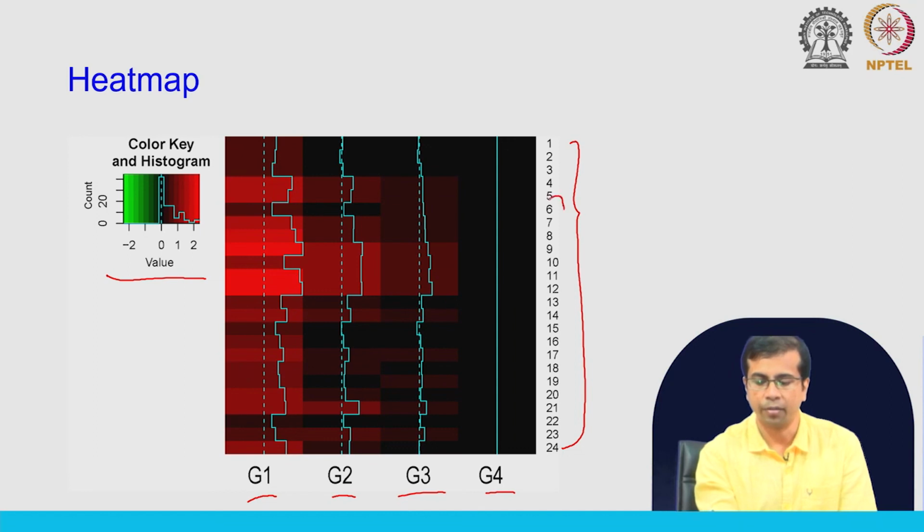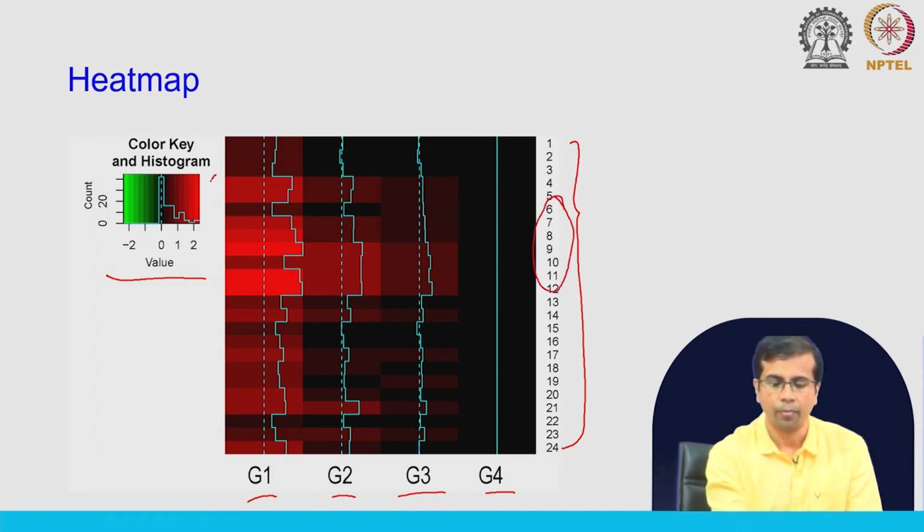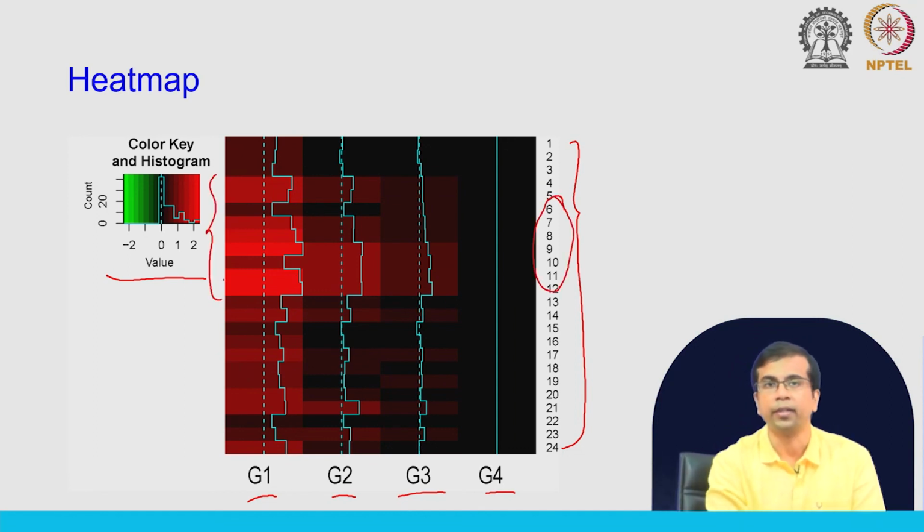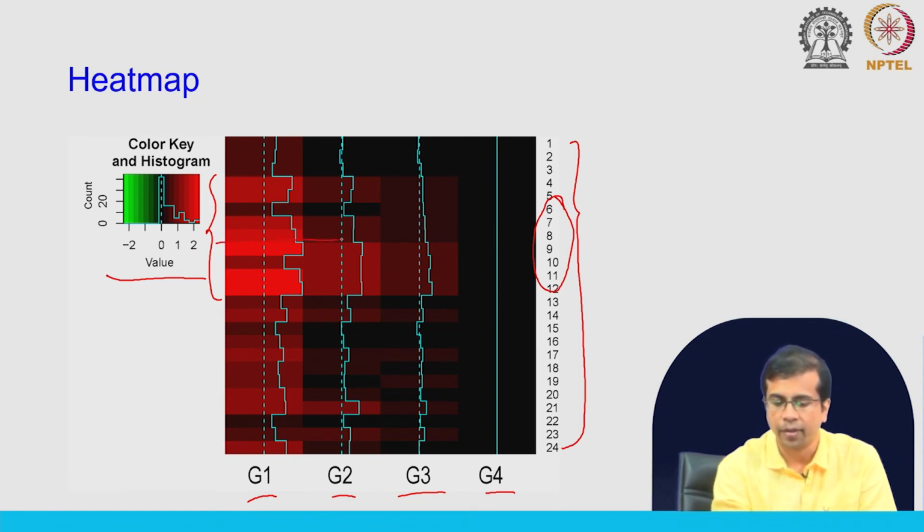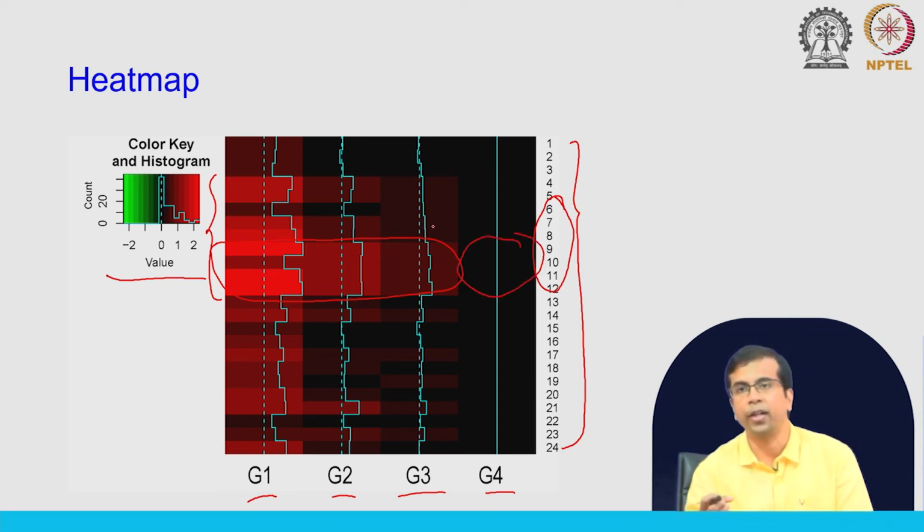For example, this set of genes is more highly expressed in the group 1 samples compared to group 4 or group 3. In addition, there is a kind of gradient. G1 has the highest expression for these genes, then G2 shows some expression, G3 slightly lower, and G4 almost no expression. These kinds of patterns you can identify with this heat map analysis.